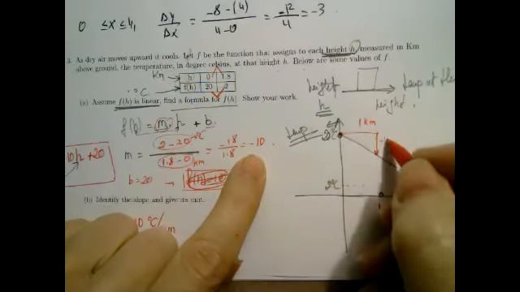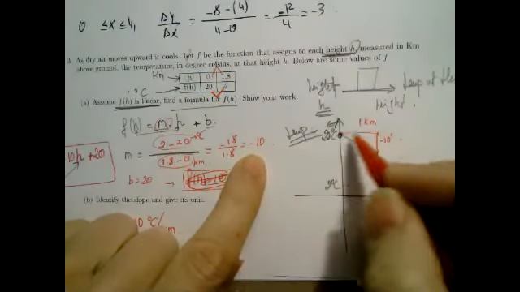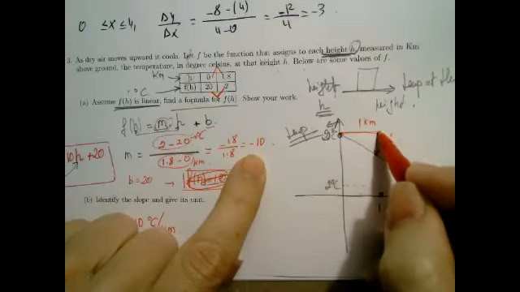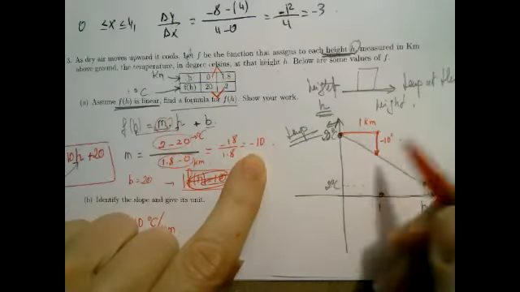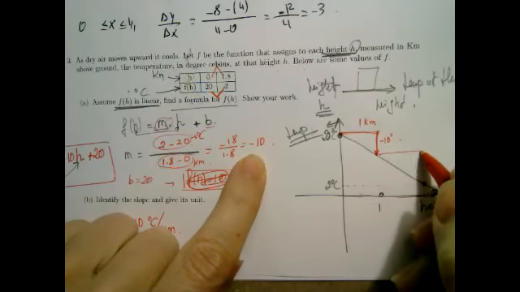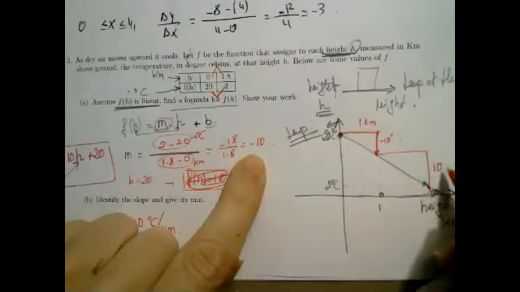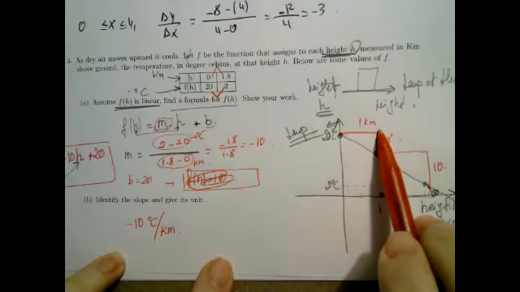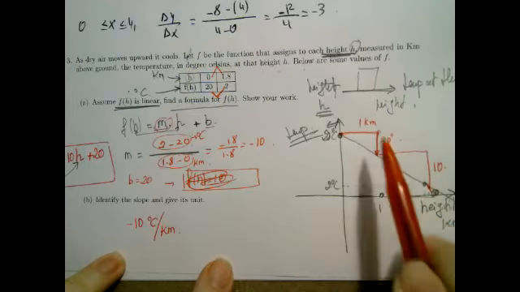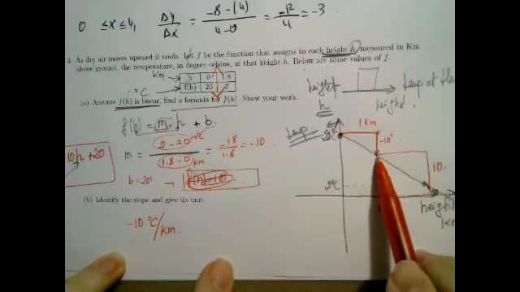I go down by 10 degrees. It means every time we go up by 1 kilometer, the temperature goes down by 10. Another kilometer, another 10. That's what the slope tells me. So the slope tells us that for every unit increase in height, the temperature goes down by 10 degrees.